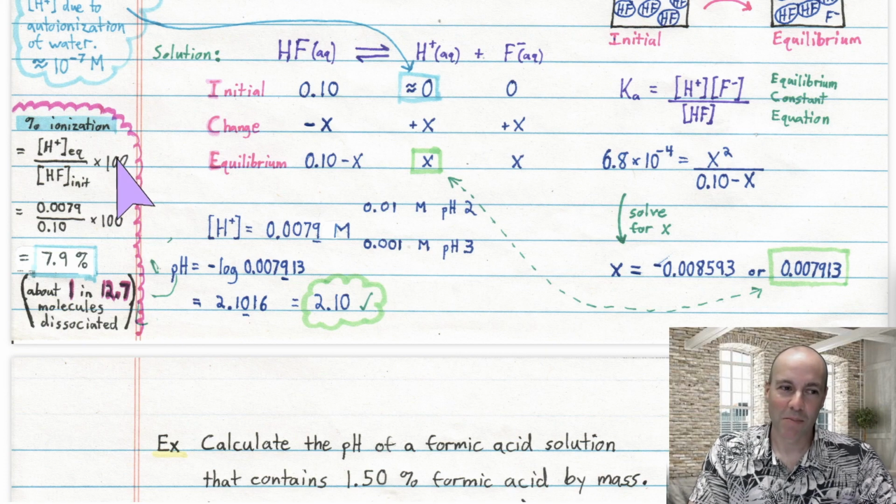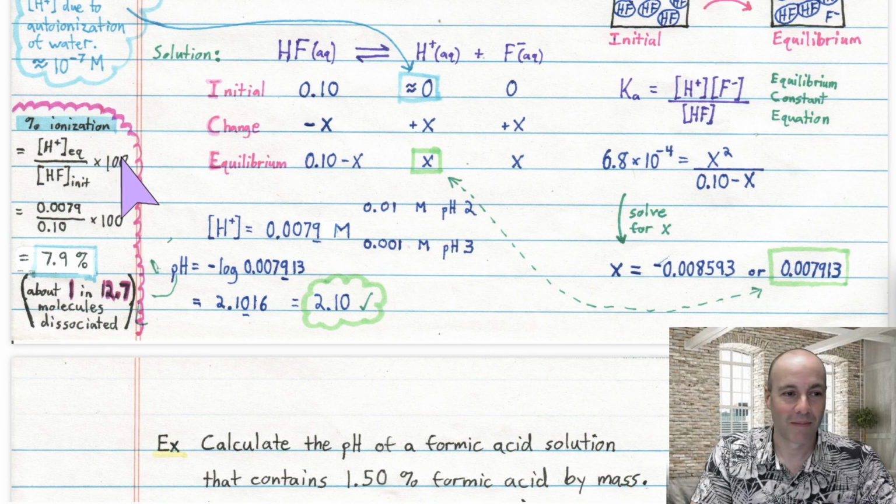It's basically the percentage of molecules of the acid that dissociate. So the equilibrium proton concentration we know is 0.0079, and the initial acid concentration is 0.1, so the part over the whole. You calculate this, and that comes out to 7.9%.